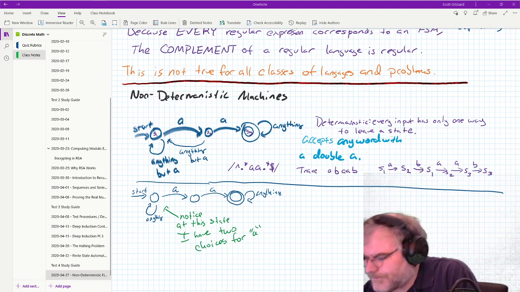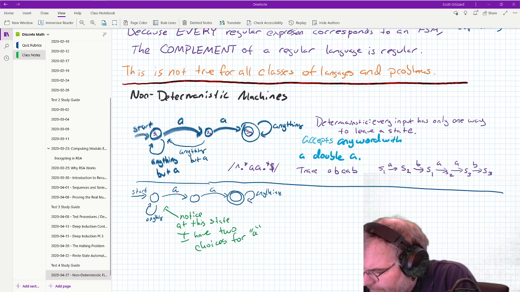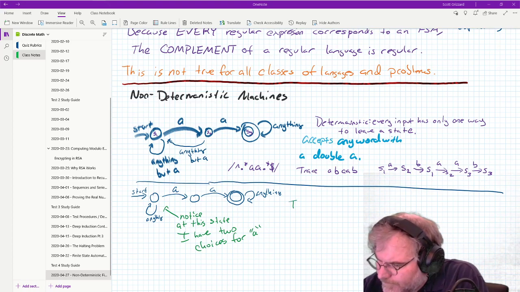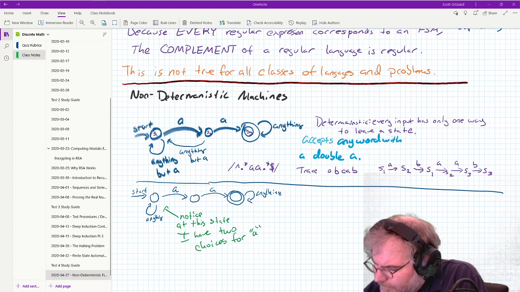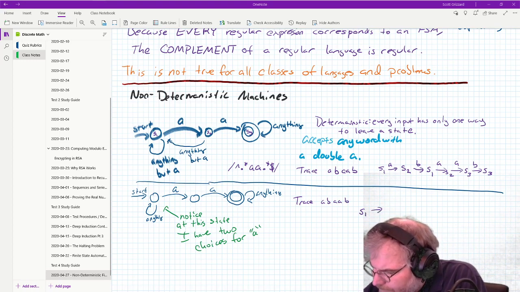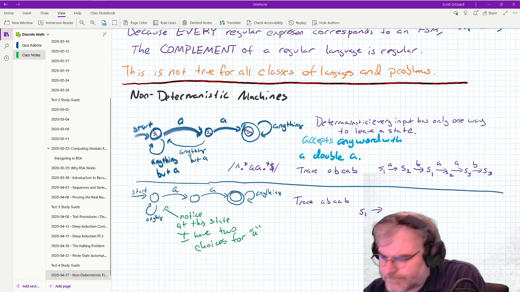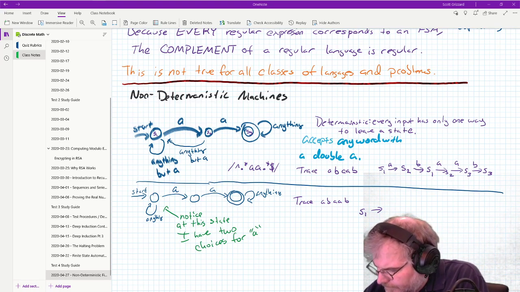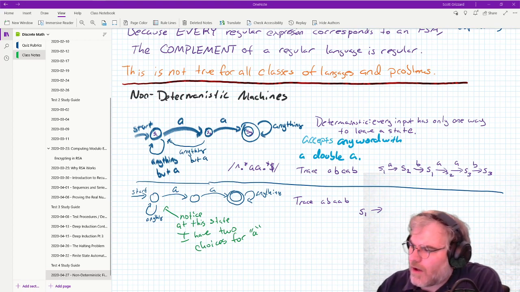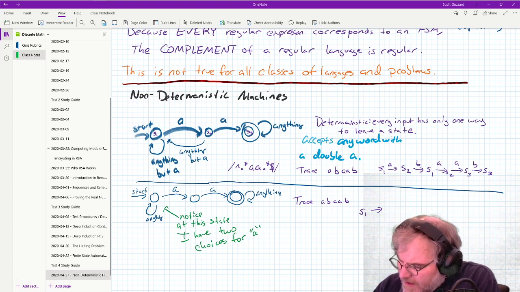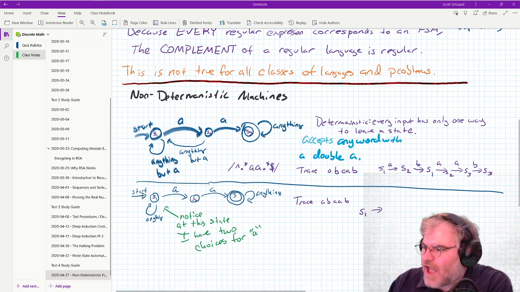Let's trace this one. So I started with A. Now I've got two choices. I could go across A from S1 to S2, or I could stay at S1.